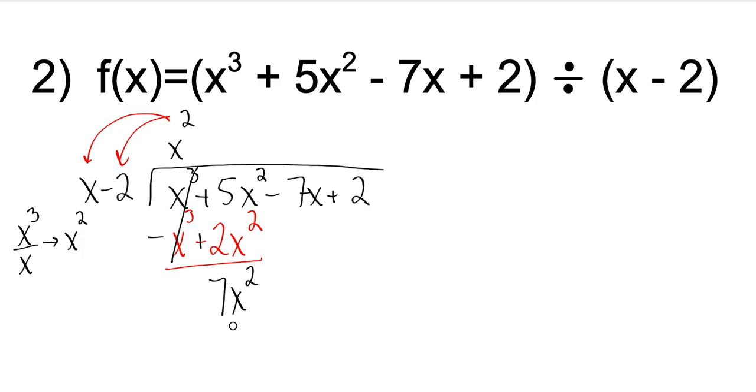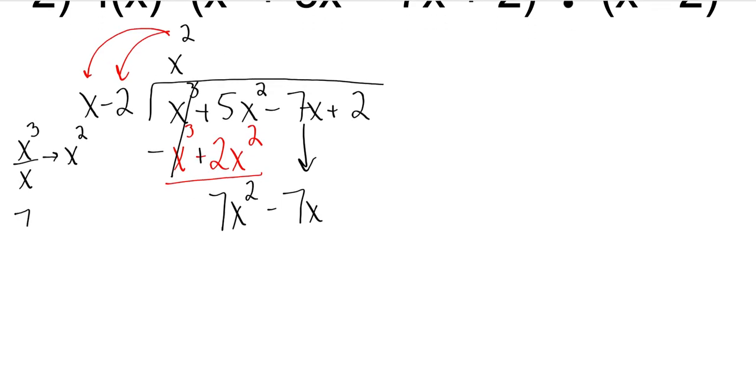And there's only one thing down here, so we have to bring down the next thing, because we should have two things, because there's two things here. And then we're looking down here now. So 7x squared divided by x is 7x. So that's the next term up top.